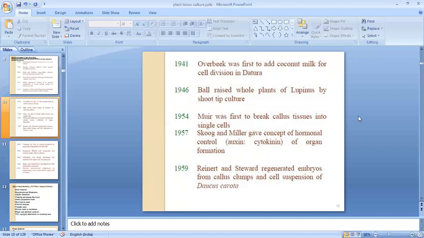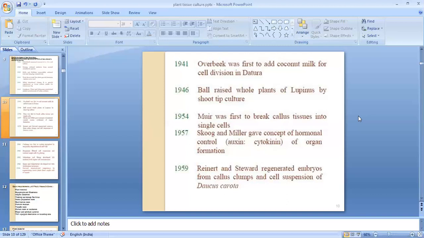What is a callus? It is an undifferentiated mass of cells. Okay. And in 1957, Skoog and Miller gave the concept that the hormones, auxins and cytokinins, can be employed to initiate cell division and organ formation. And in the year 1959, Reinert and Steward regenerated callus clumps from embryos.